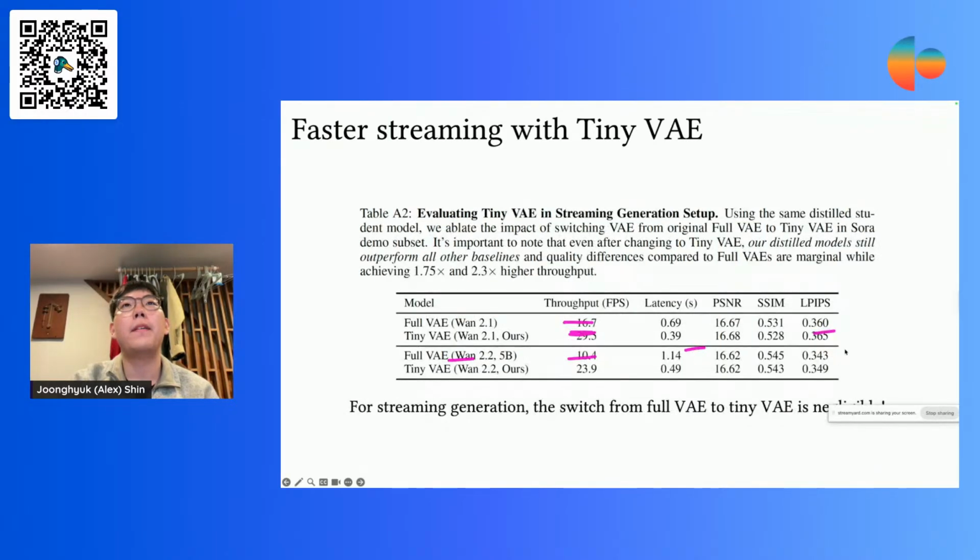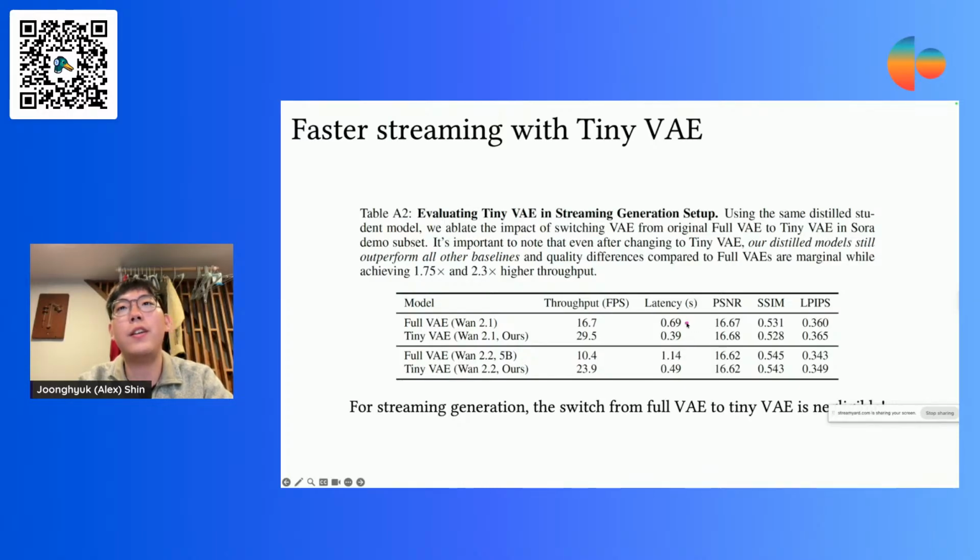The important thing is when you actually evaluate tiny VAEs in a streaming generation setup. The metrics that you have just seen before are computed using a GT video, but in a streaming generation setup, because generation already contains some degraded artifacts and is not pixel-wise perfect, the impact of changing the full VAE to fast tiny VAEs is very negligible and hardly noticeable.